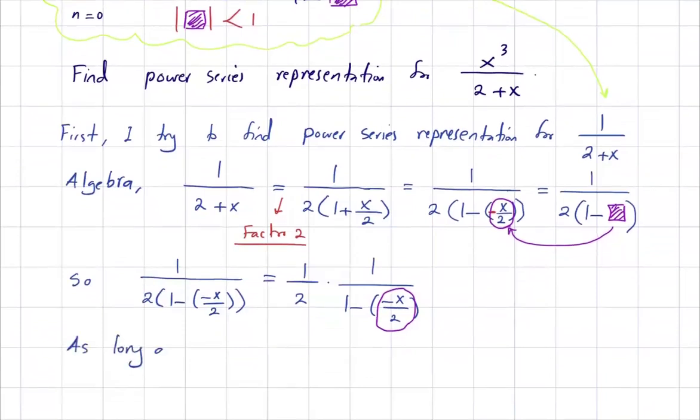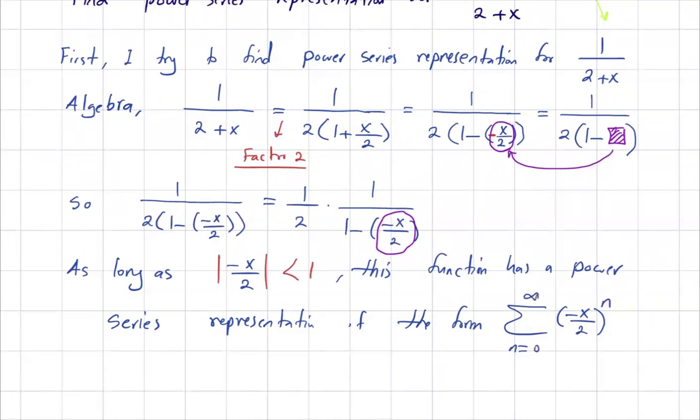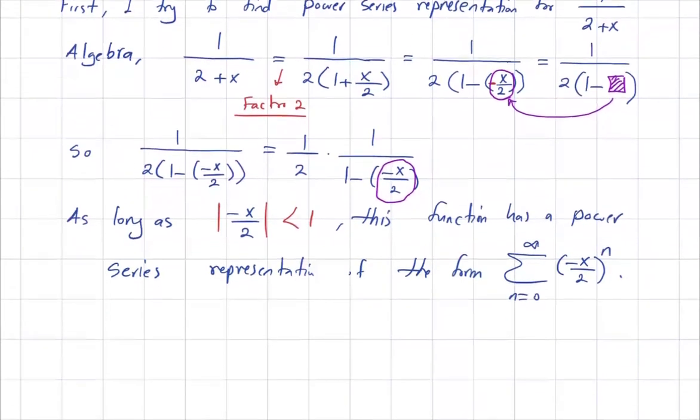So as long as negative x divided by 2 in absolute value is less than 1, this function has a power series representation of the form summation of negative x divided by 2 to power n, starting from 0 to infinity.